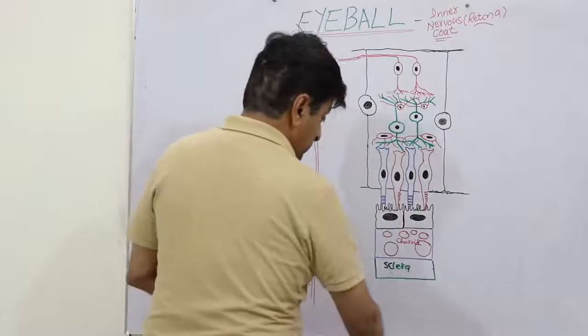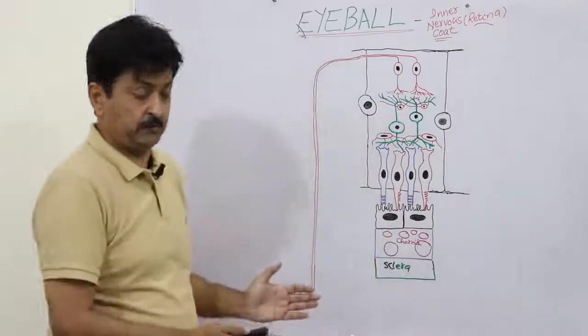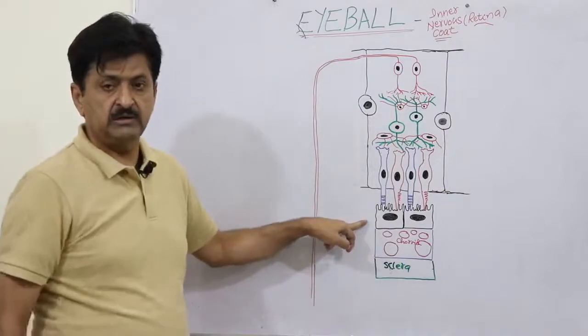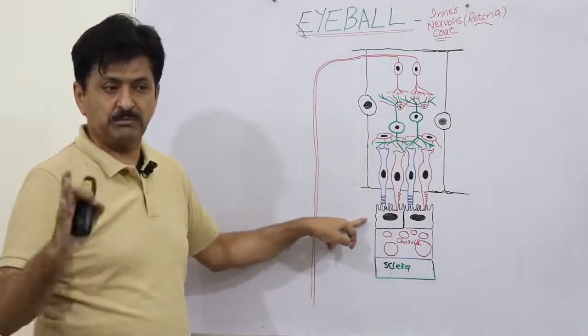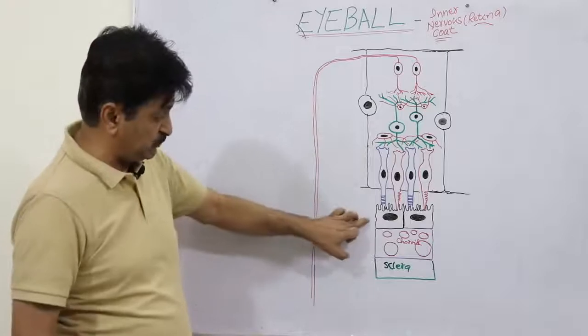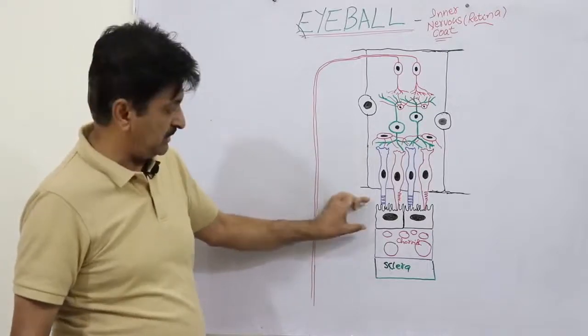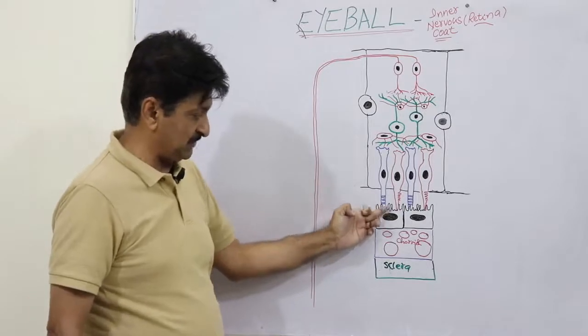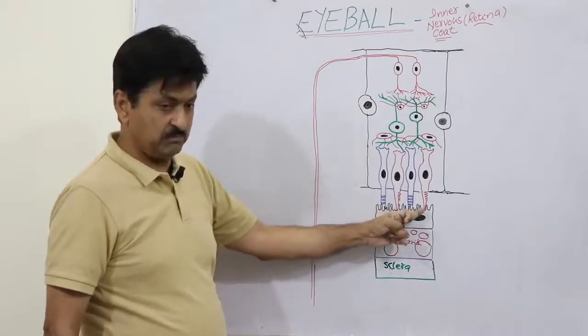And the retina means when you are coming from outside, the first layer you will strike is called the retinal pigment epithelium, which we are looking at. This is a single layer of cuboidal shaped cells with foldings here.